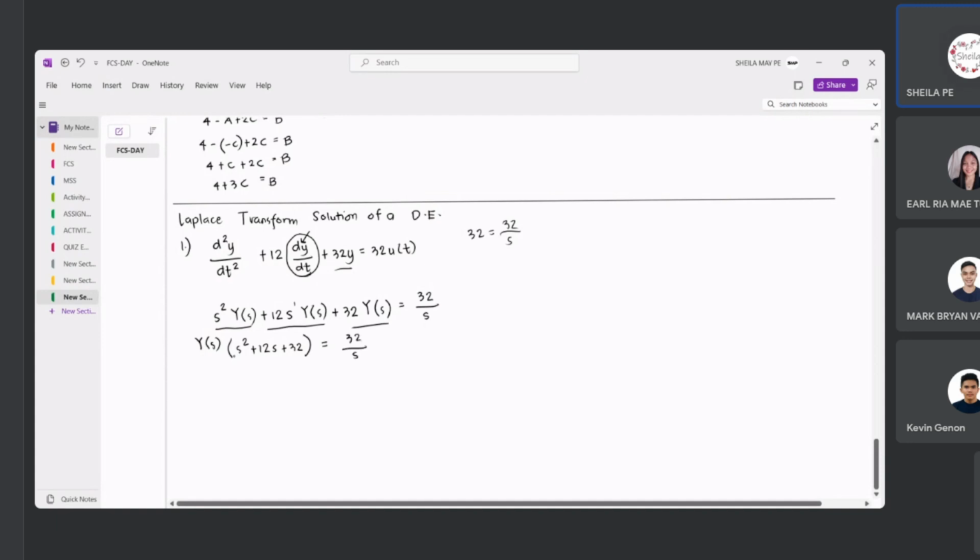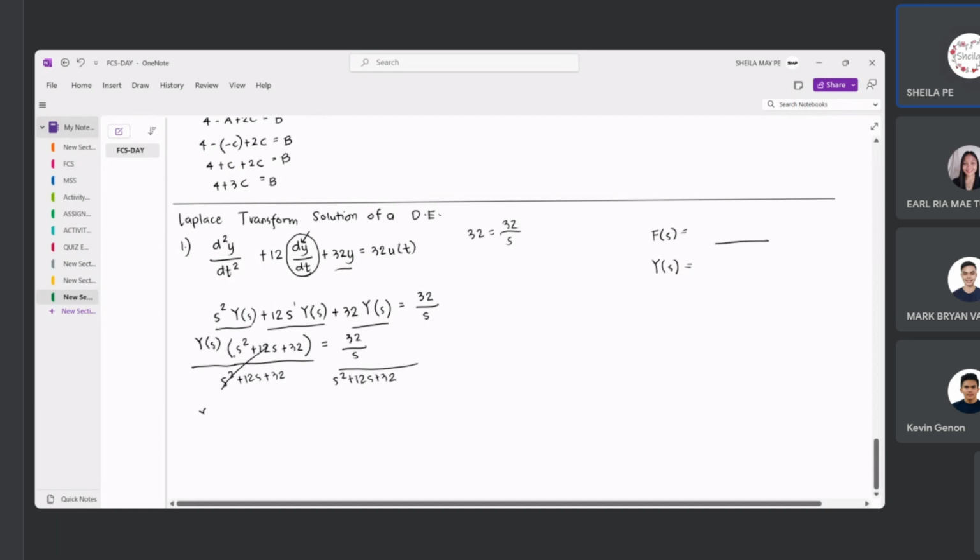Now, our aim here, class, is to have y of s, just like the earlier given f of s. So how do we get y of s? You divide both sides of the equation by s squared plus 12s plus 32.